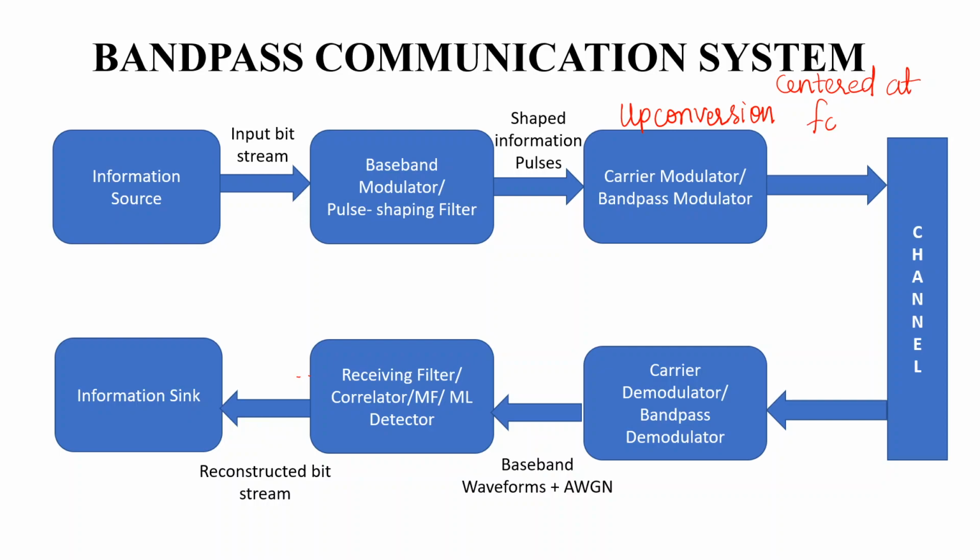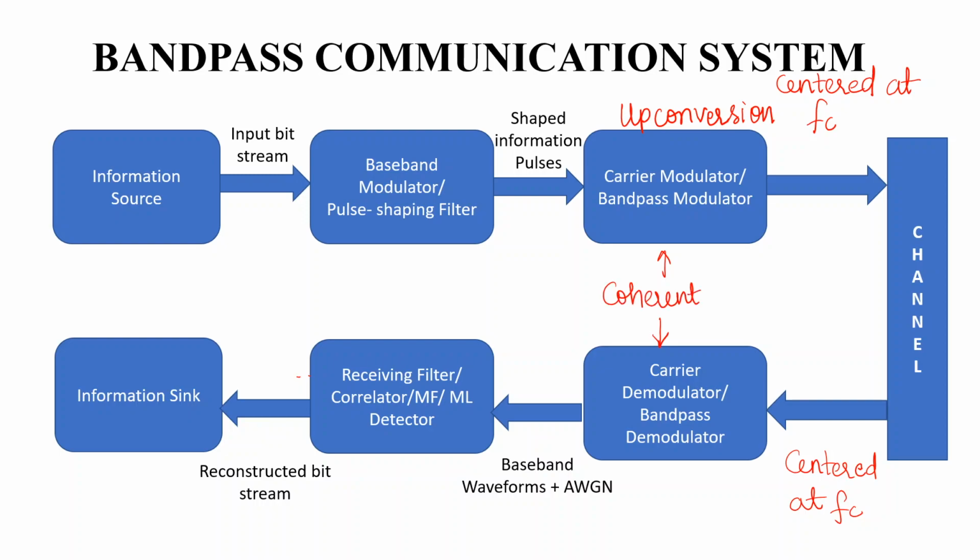From the channel, the signal waveform or the carrier that is obtained will again be centered at FC, and this will undergo the demodulation process, where a carrier demodulator will be there. Mostly these two phenomena are similar to your coherent detector.